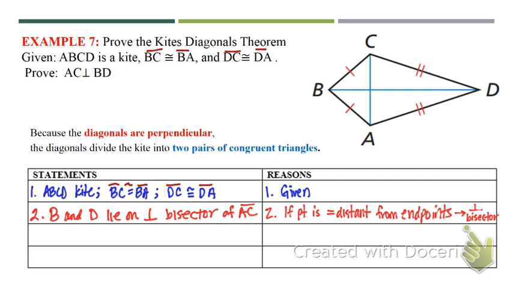So it bisects AC, and BD lies on the perpendicular bisector.